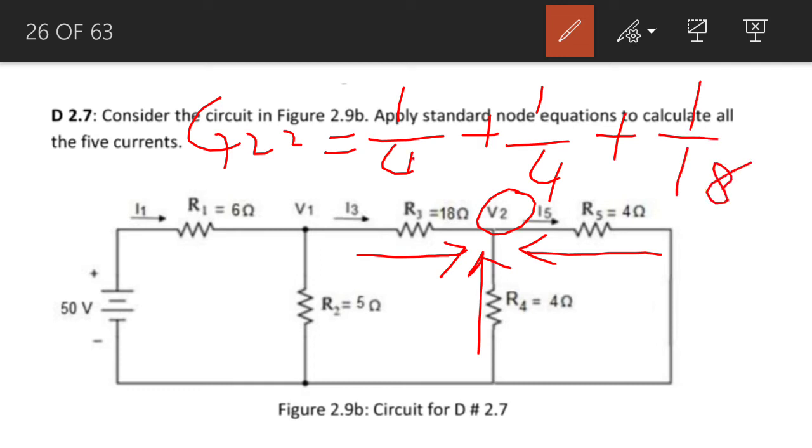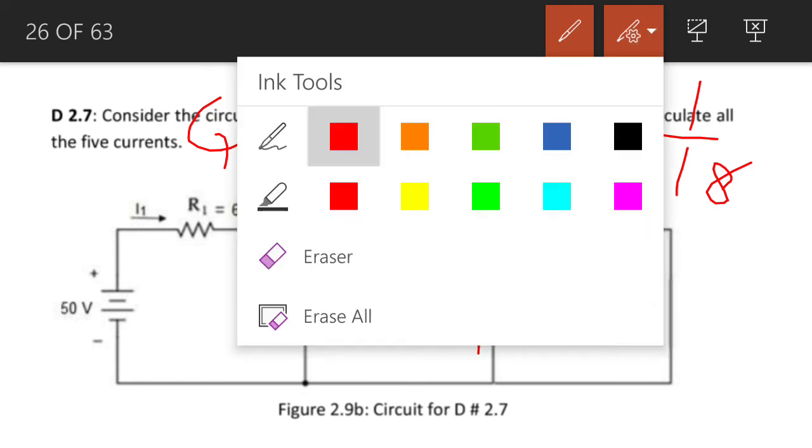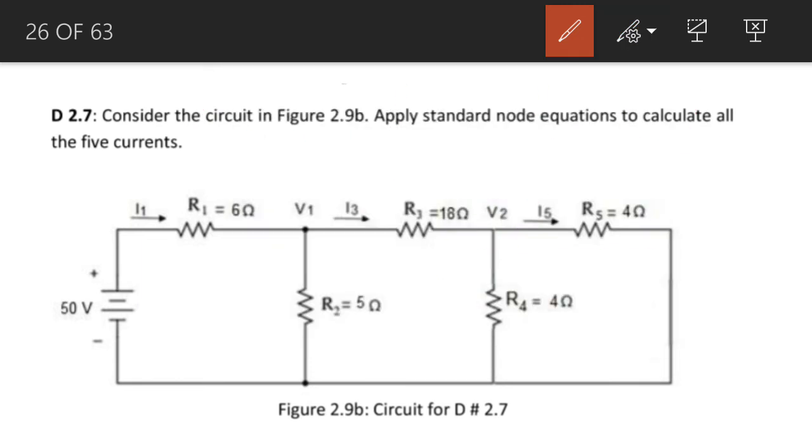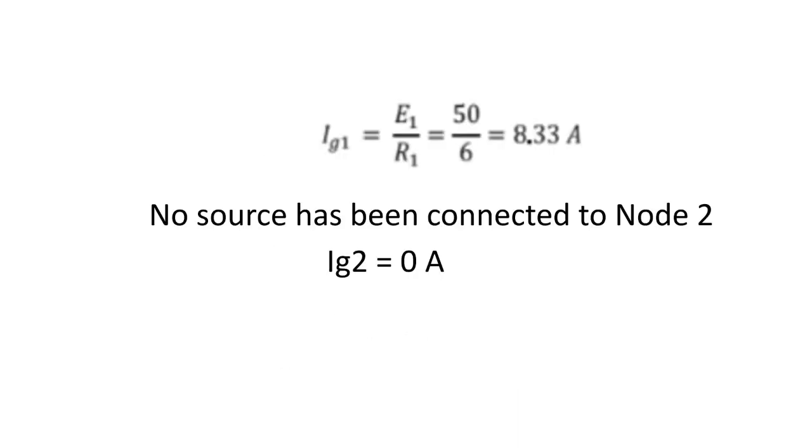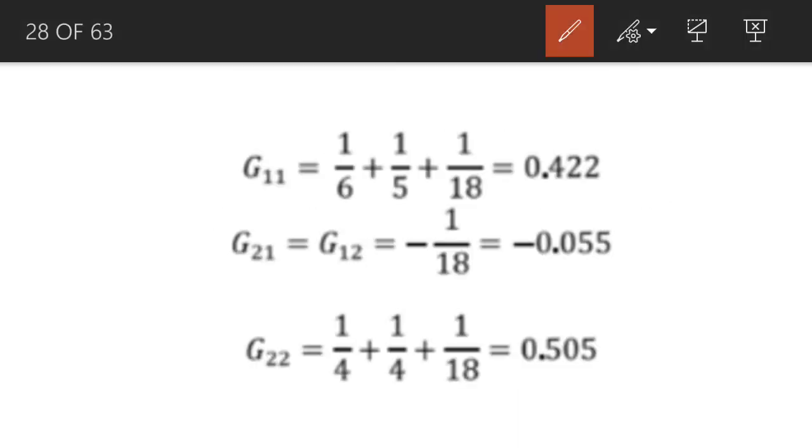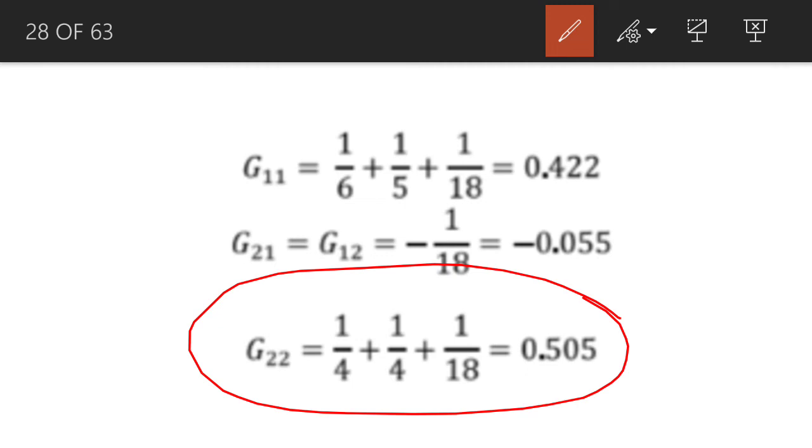This is how we calculate G22. G22 is equal to 1 over 4 plus 1 over 4 plus 1 over 18, that is 0.505.